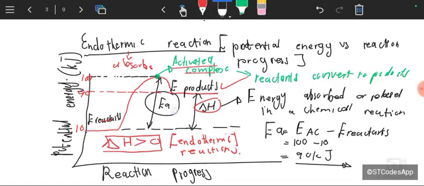So your activation energy will be from 90 to 100, because these are your new reactants if you look at the reverse reaction. From where you start to the activated complex, that's your activation energy. So for the reverse reaction, this small part would be the activation energy.